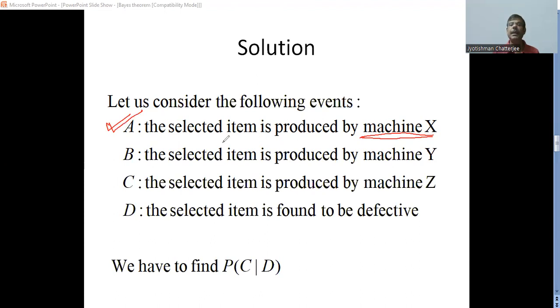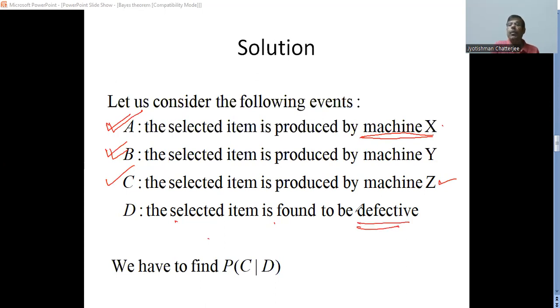Event A: the selected item is produced by machine X. Similarly, event B is the selected item is produced by machine Y, and C is similarly produced by machine Z. And there is also an event D, namely the selected item is found to be defective.